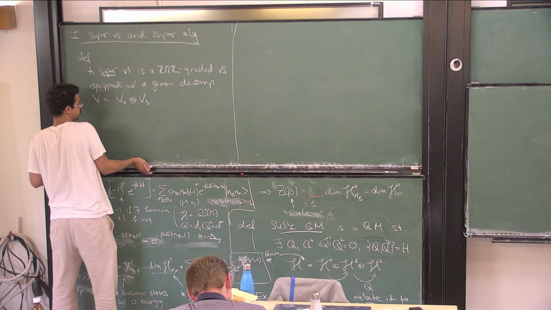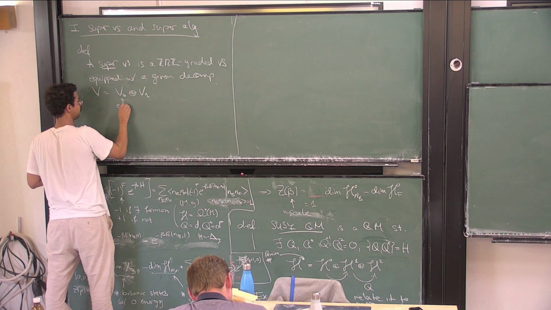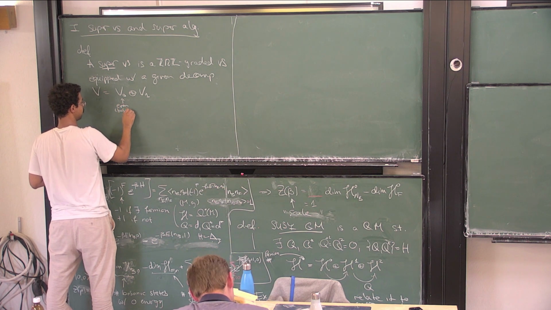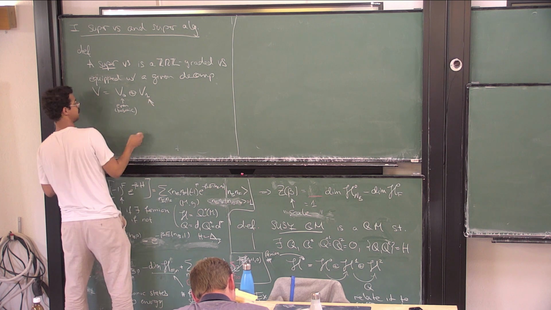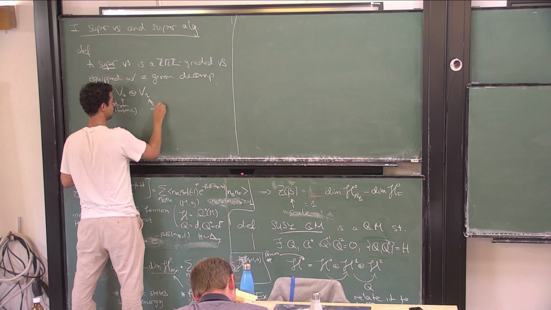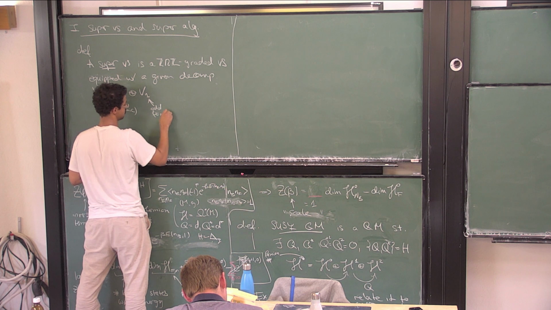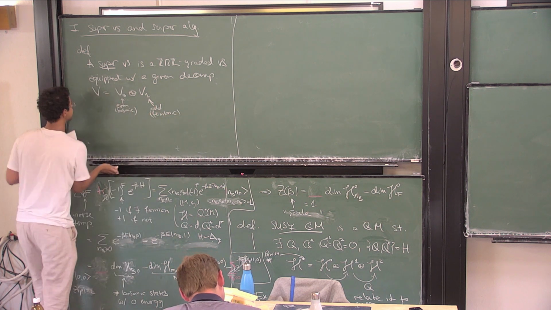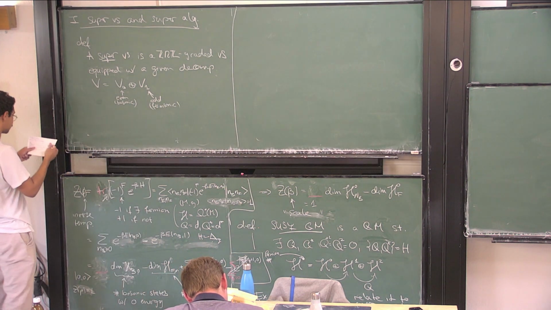We would call the elements in V0 even or bosonic, and these guys, elements in V1, are odd or fermionic. Think of a's and c's and stuff.